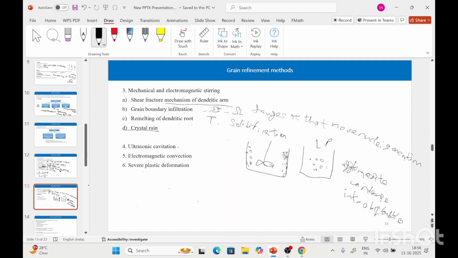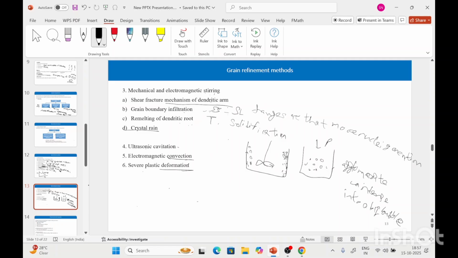As pressure is increased, that big bubble bursts, and because of the bursting of that big bubble, it imposes some pressure, so the nuclei which are forming will disperse uniformly in the liquid aluminum and will result in a higher nucleation rate. Next is the electromagnetic convection. By electromagnetic convection, the solid nuclei which are formed previously will mix into the aluminum.